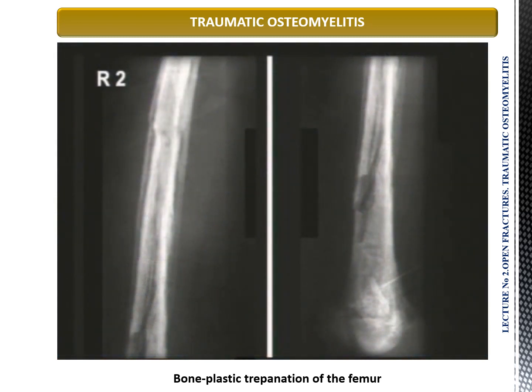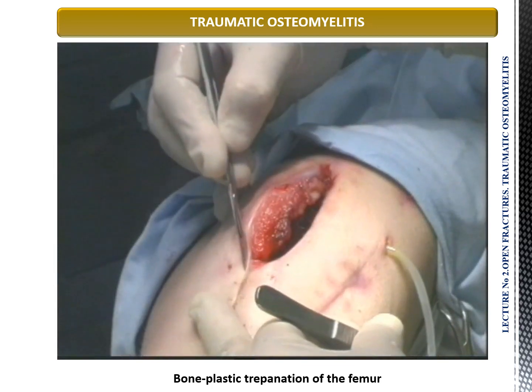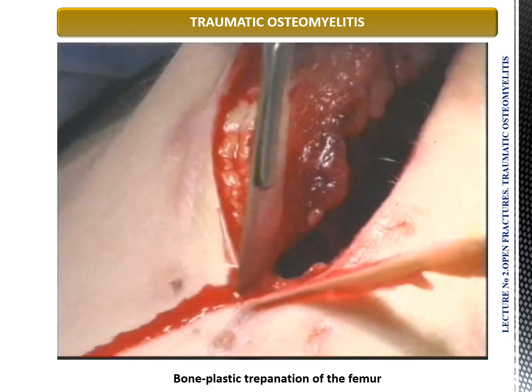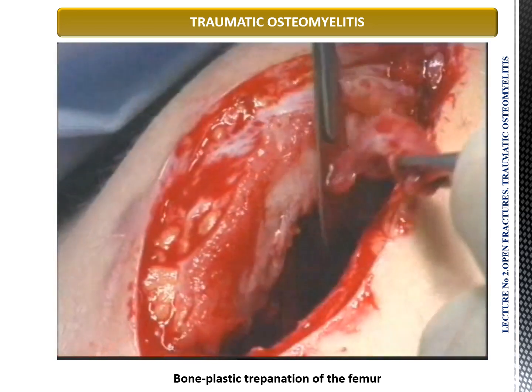Radiograph after surgery. After the inflammatory process subsides, the edges of the wound dry up, and we cover it with local tissues.